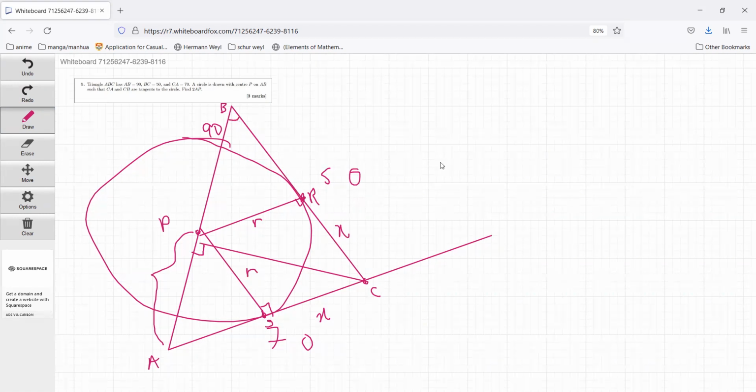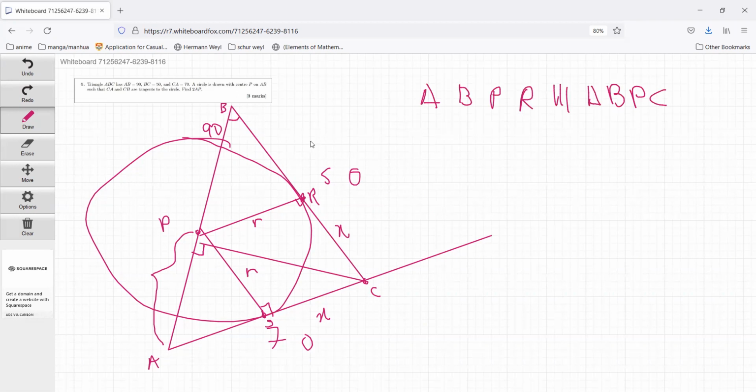Okay, so let's consider the triangles BPR and BPC.